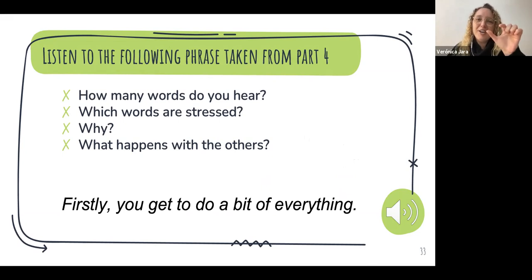Which is the part that you think students may find more difficult to understand? Listen again. Firstly, you get to do a bit of everything. To do a bit? Right. This part, right? And this is because of what we were saying earlier today.